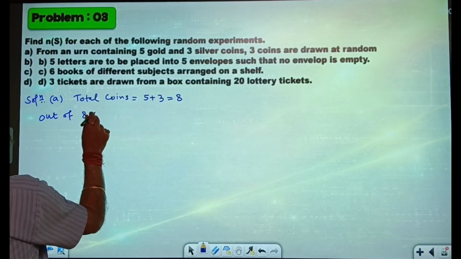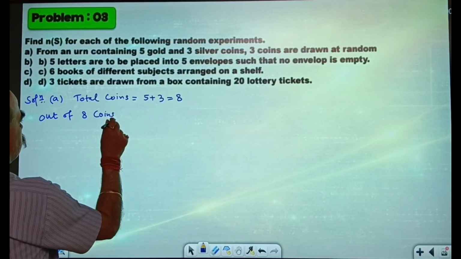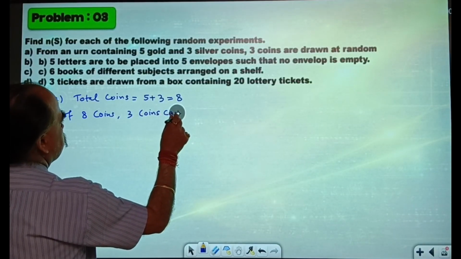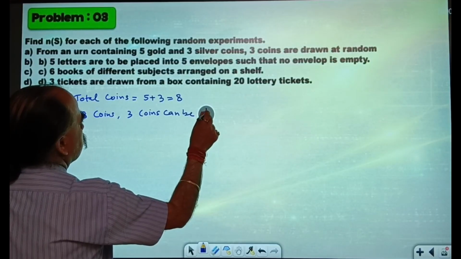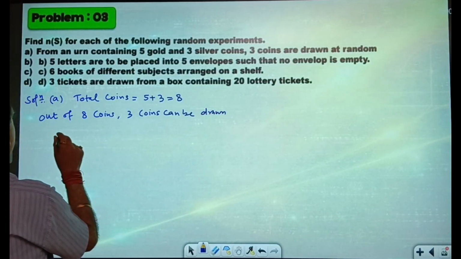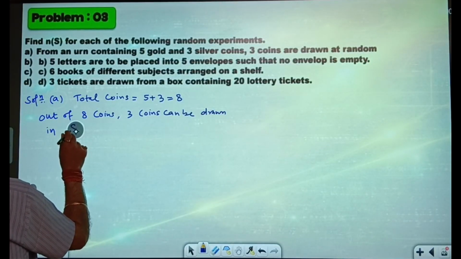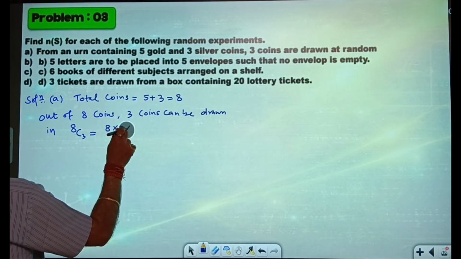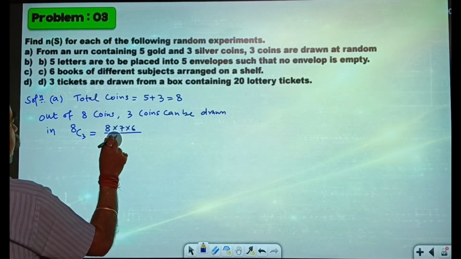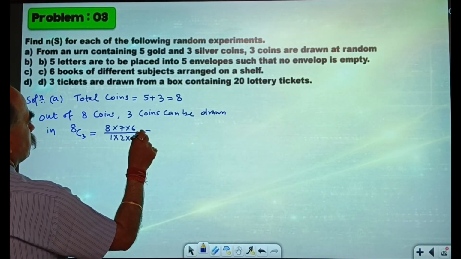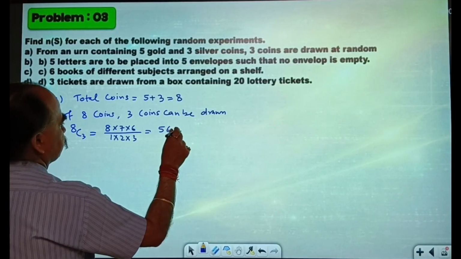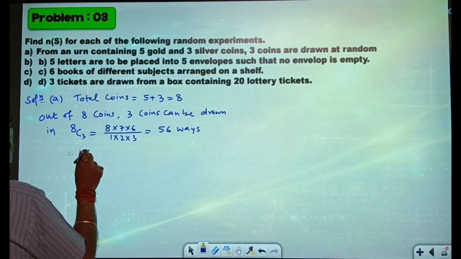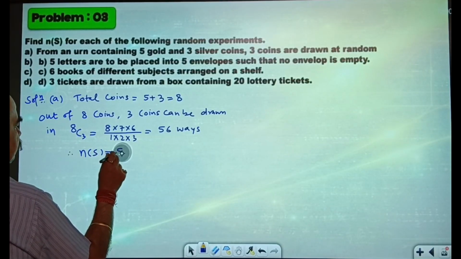Out of 8 coins, 3 coins can be drawn in 8C3 = 8×7×6 upon 1×2×3 = 56 ways. Therefore n(S) is equal to 56.